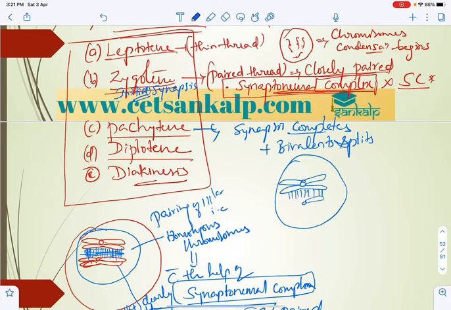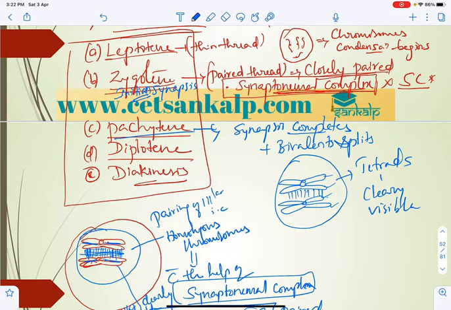And here the chromatids can be clearly visible. See, in this diagram they are attached in this portion. We can say one chromatid, second chromatid, third, fourth. You can say 1 and 2 in each chromosome, so total 4. That is why tetrads are clearly visible in the pachytene stage.